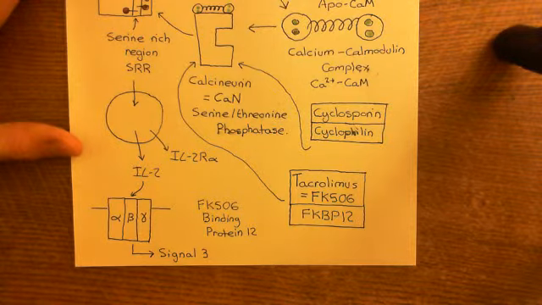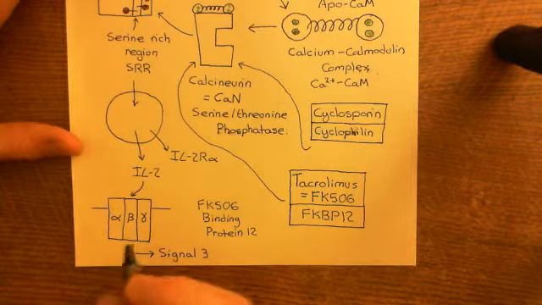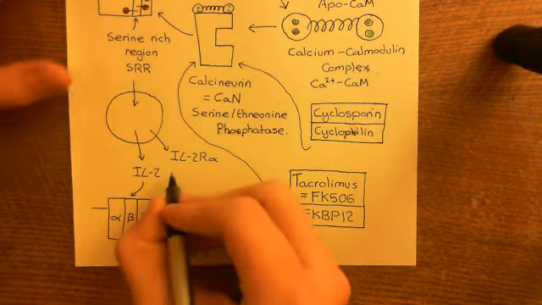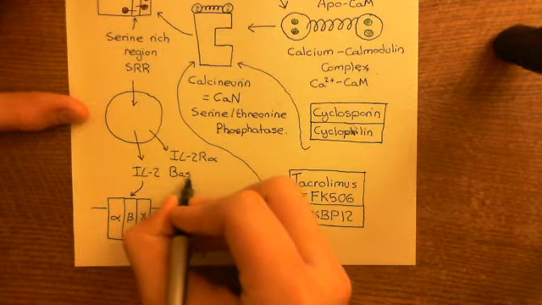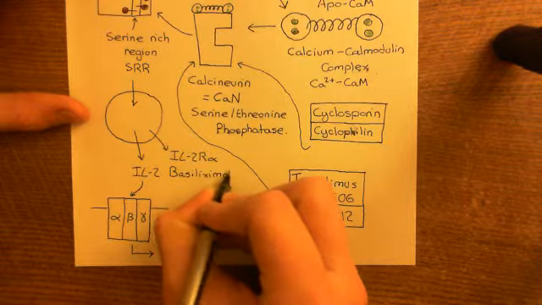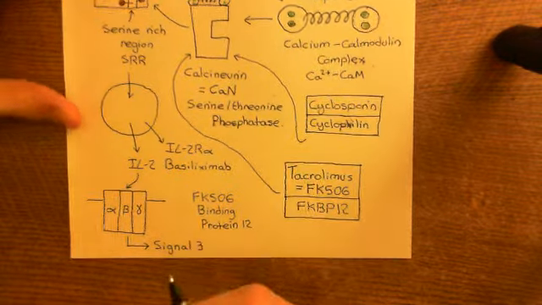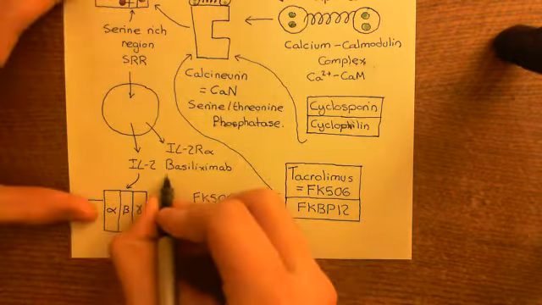Both of these drugs are monoclonal antibodies targeted against the interleukin-2 receptor. One is called basiliximab, and the next is called daclizumab.